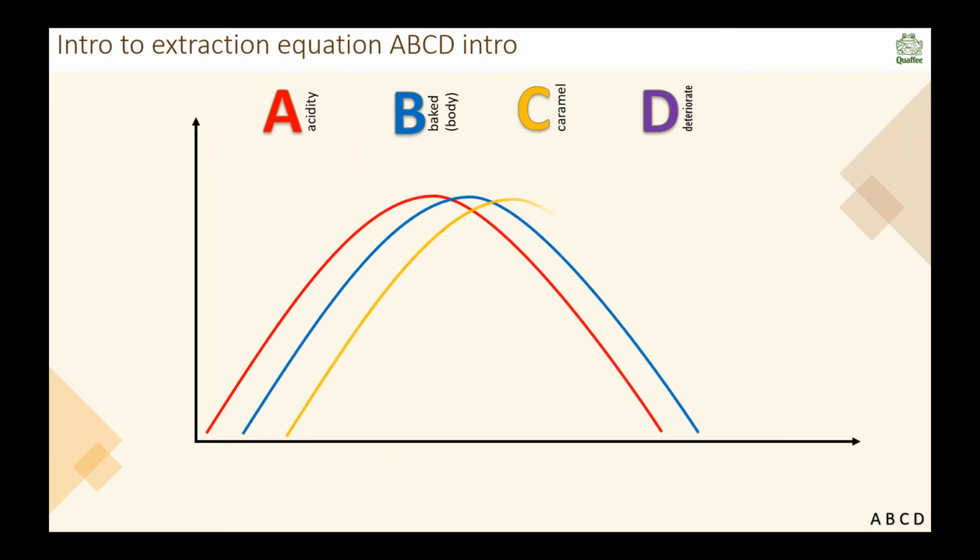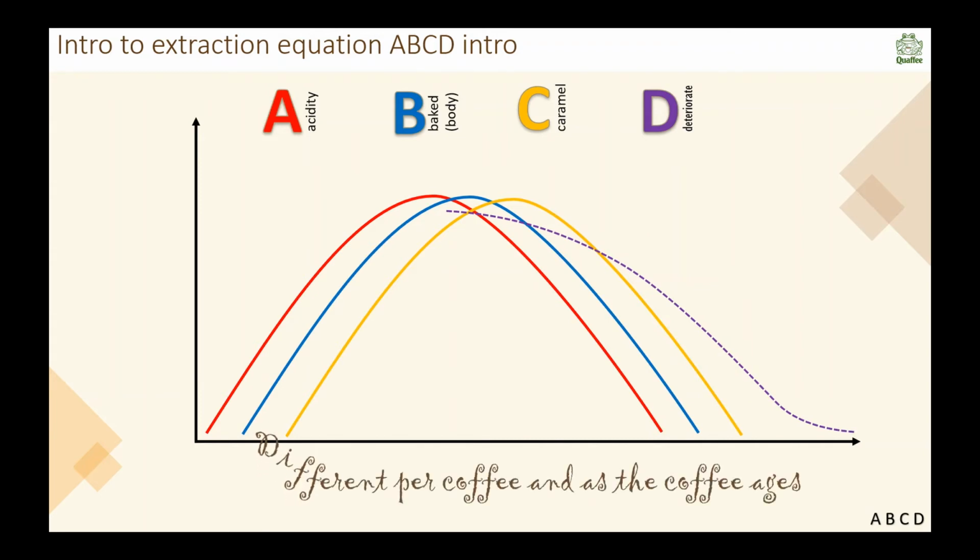As the coffee is brewed, it will first extract the acidity out of the coffee, then it will extract the baked goods, or the body, then the sweetness, and then as the brew continues, the brew will deteriorate until the finish of the brew.